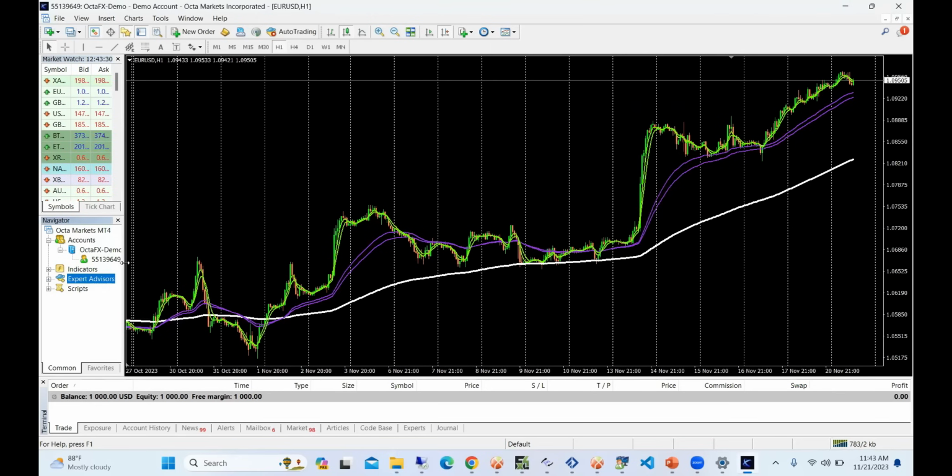It's either you do that or you close the entire MT4 chart and open it again. What that will do is that it will help the files that we've just added to sync and for you to be able to see it. I hope you get what I'm trying to say.